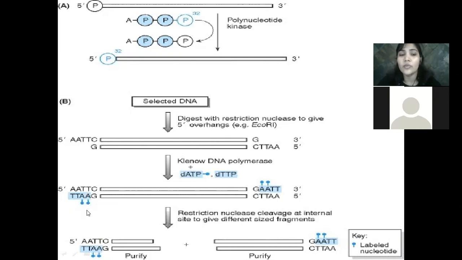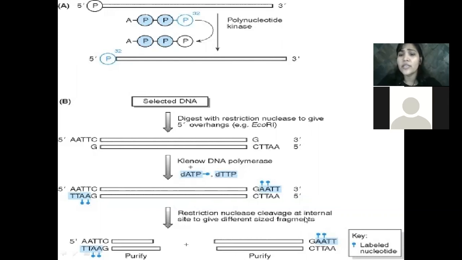So you see now the ends of the DNA, the overhangs that we got through restriction enzymes, are now complemented with the nucleotides which have already been labeled. Okay.